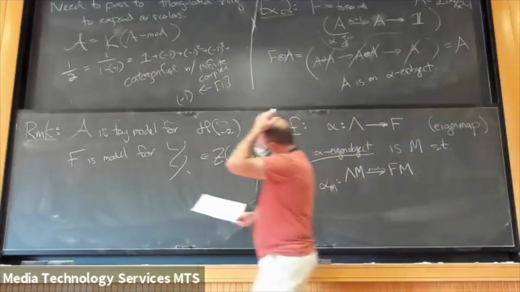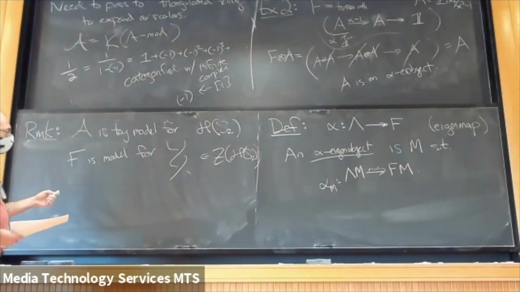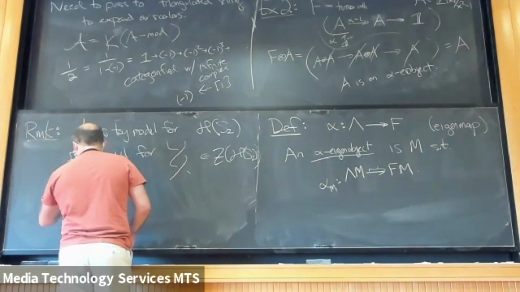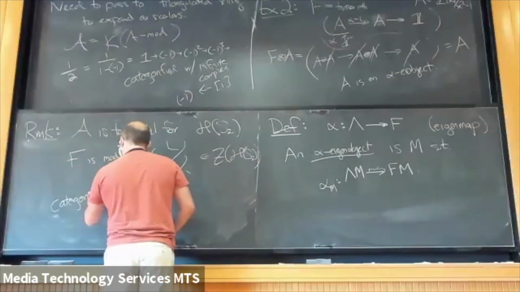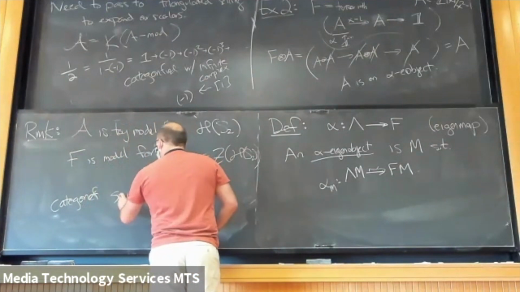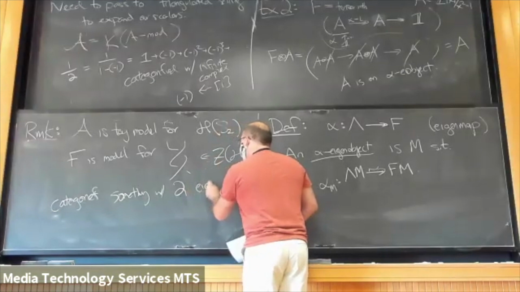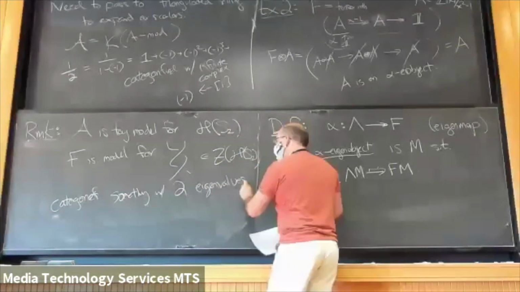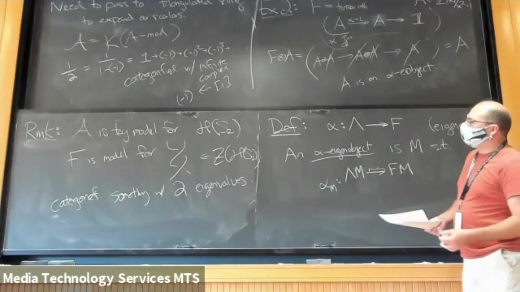And if you knew a little bit about this story, you would know that this categorifies, I can't spell it, something with 2 eigenvalues. So we found one of them and we should look for the other.